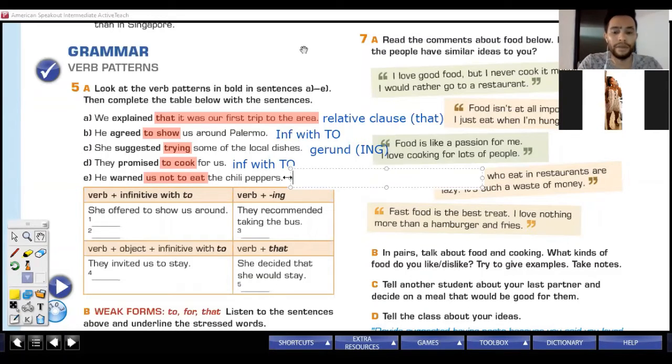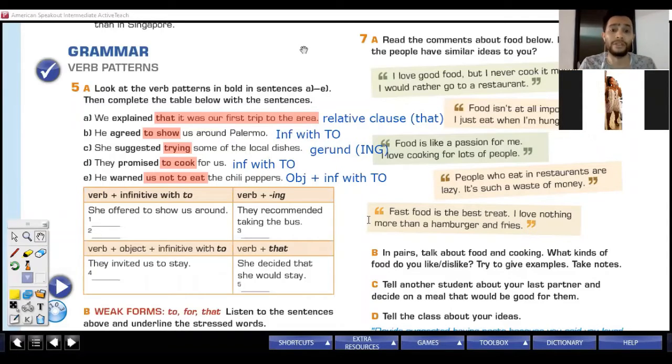So this pattern would be object plus infinitive with to, right? So as you can see, we have here 4 different patterns, right?